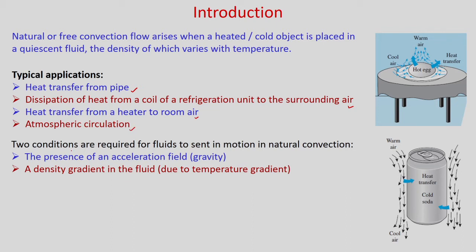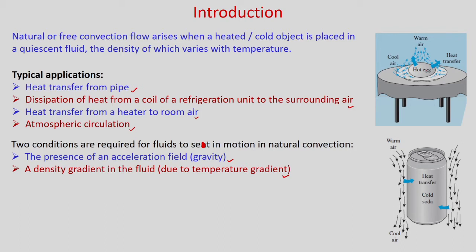So, as I told before, two conditions are required for fluids to set in motion in natural convection: the presence of an acceleration field like gravity and a density gradient in the fluid, which may occur due to a temperature gradient. So, you can see here in the right hand side figure. If you keep one hot egg on a plate, then obviously the surrounding fluid's temperature is lower than the hot egg.